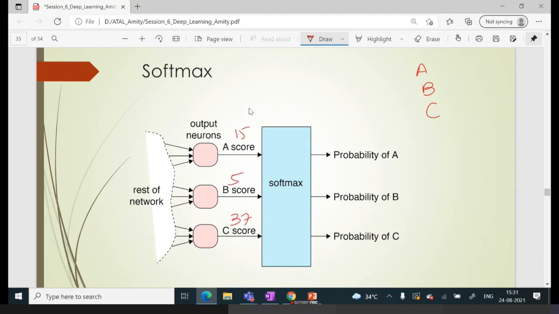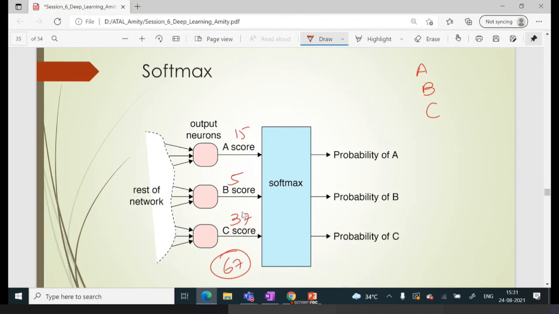But if I add these three, I will get 57. This is not a probability distribution. They are kind of logarithmic values of likelihoods, something like that, formally.